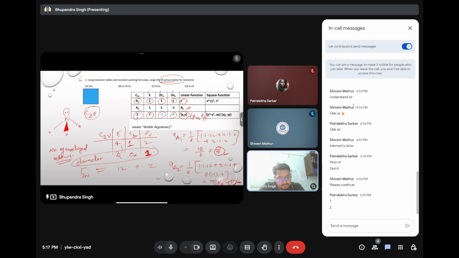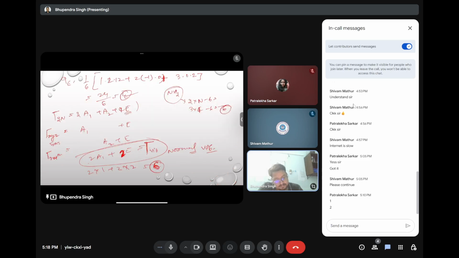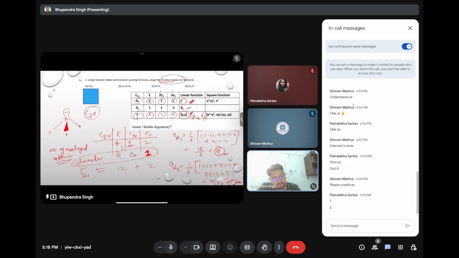So IR active will be this Z and E. So these are your IR active modes.